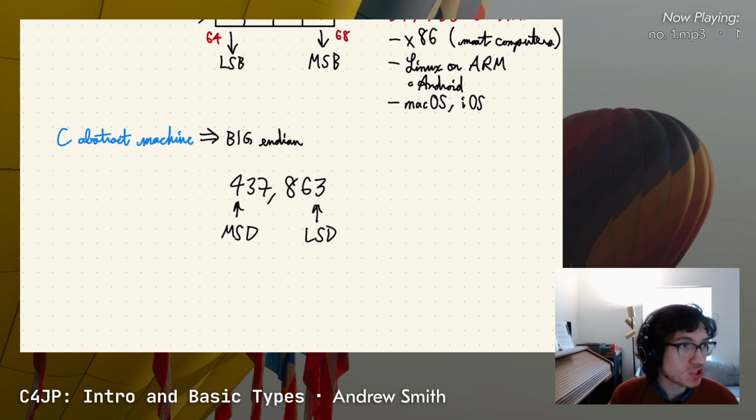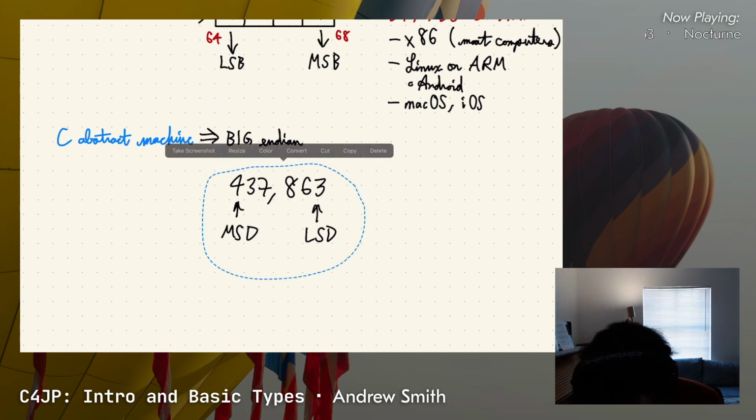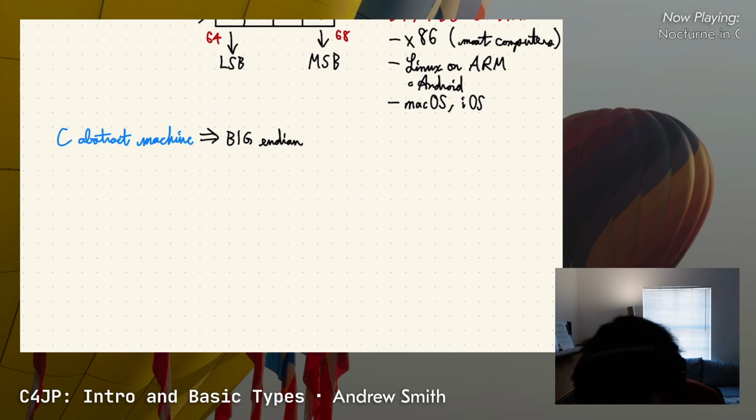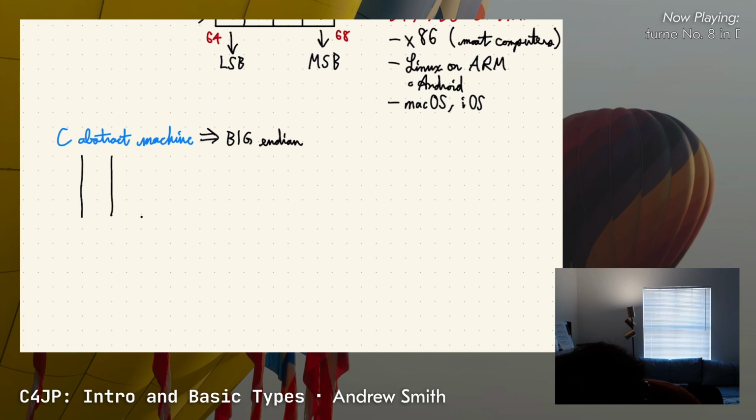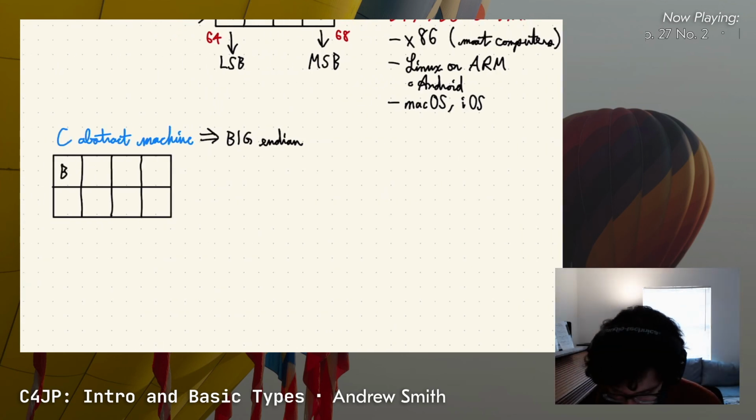And so the C abstract machine is defined as big endian so that when we do bitwise operators like the one we did above, where we said that we're going to take BE, and here, let me draw this out for us. Where we're going to take a value like our BEEFCAFE, can't write today, my apologies.